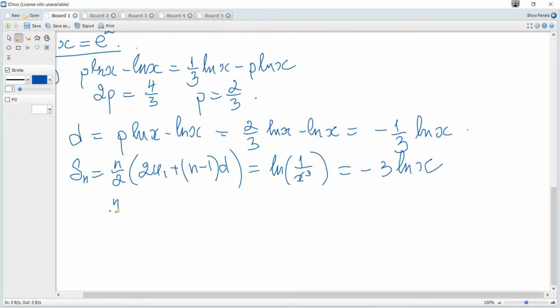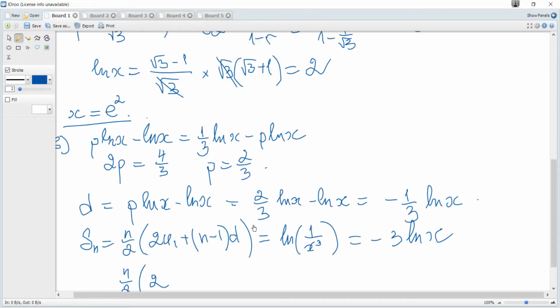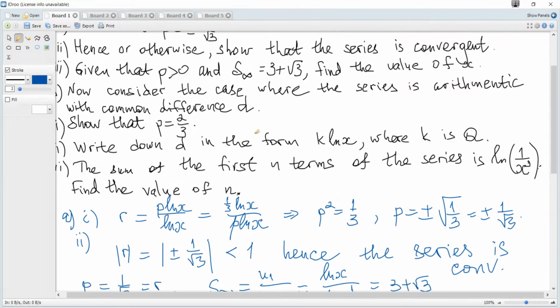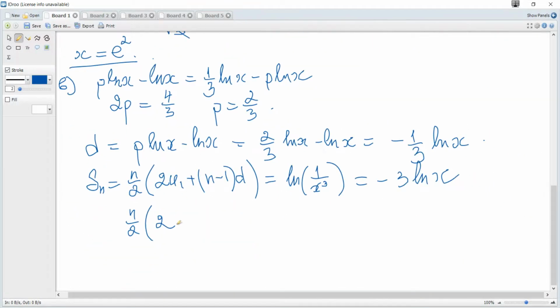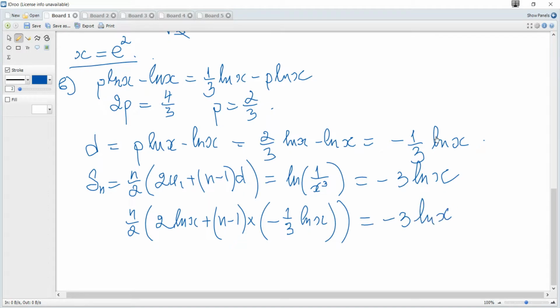So it becomes n over 2 times 2u1, the first term is ln x, so it's 2 ln x plus n minus 1 multiplied by d. d is -1/3 ln x, and this equals -3 ln x.